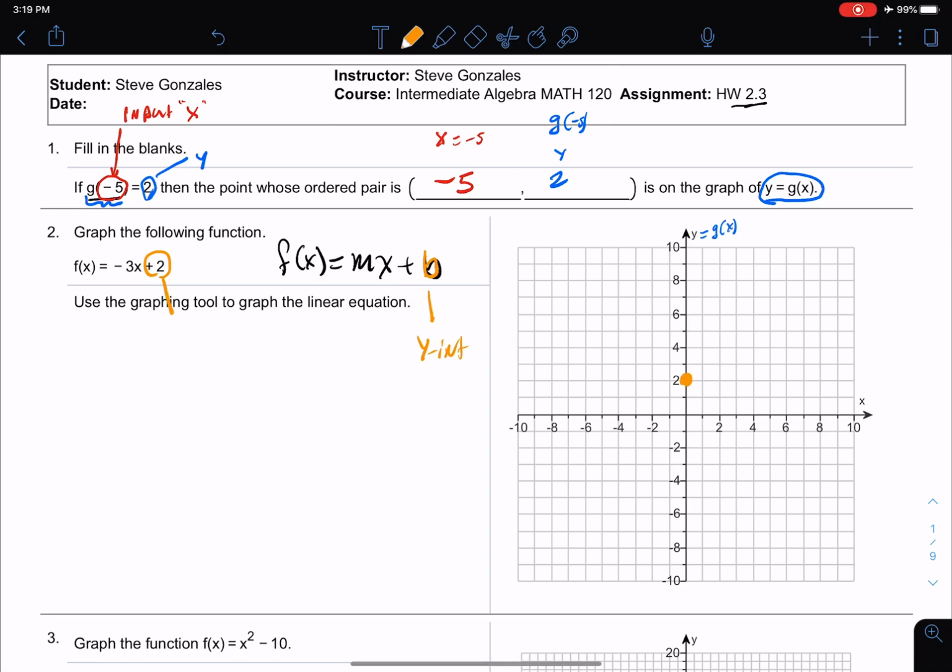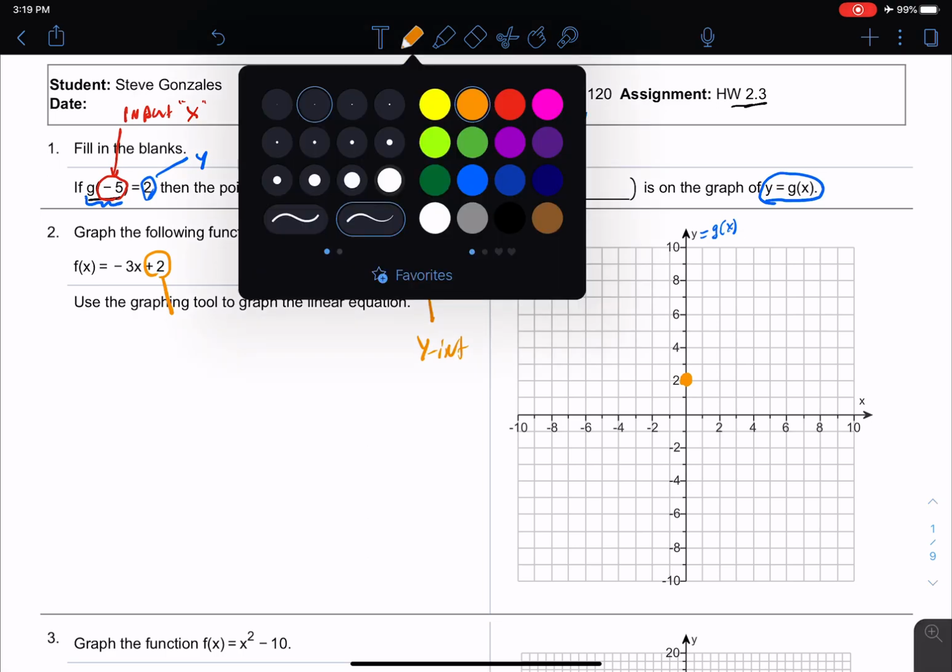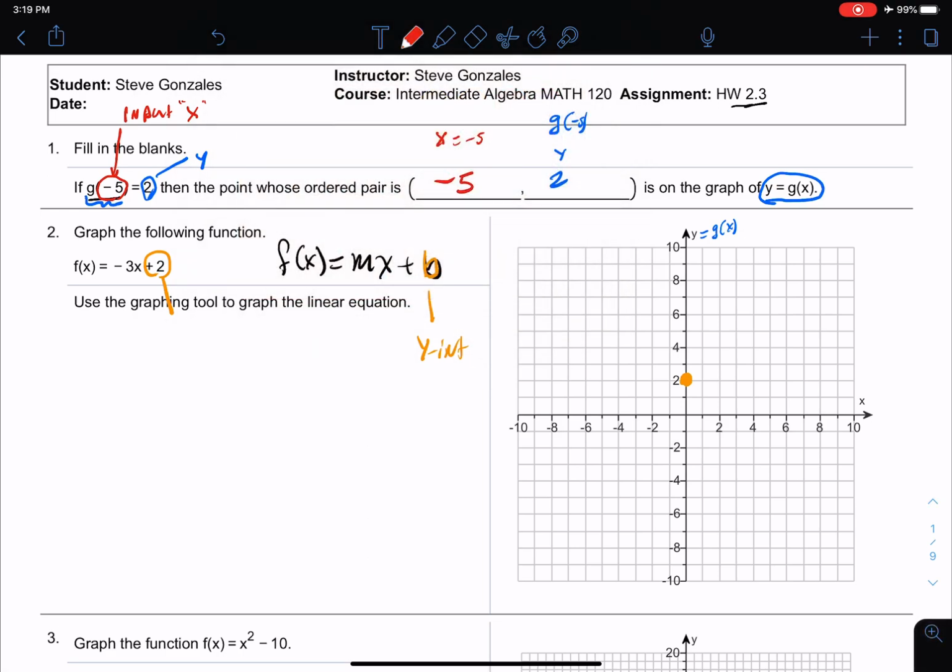There it is right there. And then we have the value that's in front of the x, the coefficient in front of the x, which is called the slope. Now this is a negative slope, and it'd probably be good to write this as a fraction, because it makes it easier for us to understand how to step it. We do know a point to start at, and that was our y-intercept right there at 2.